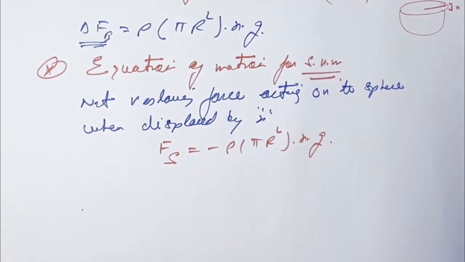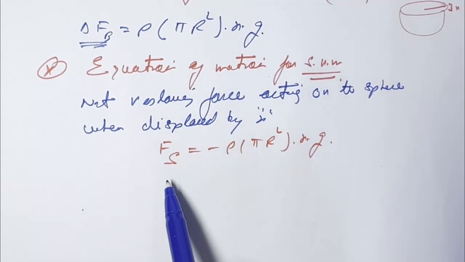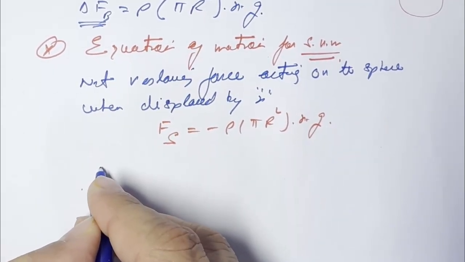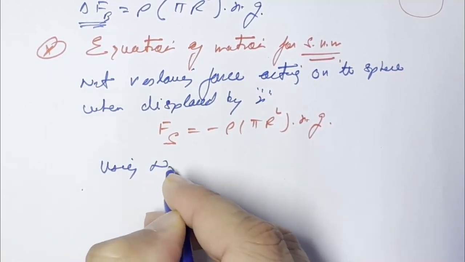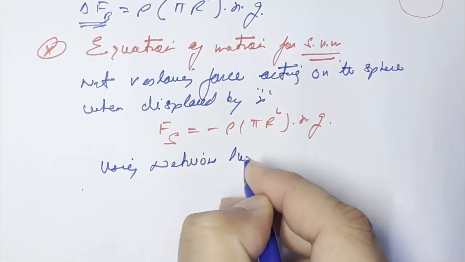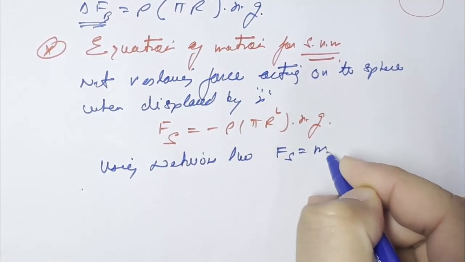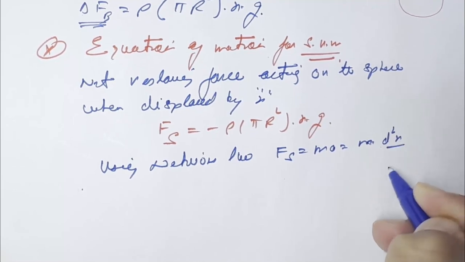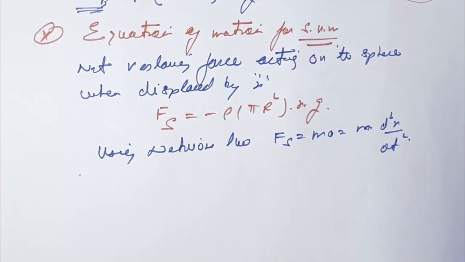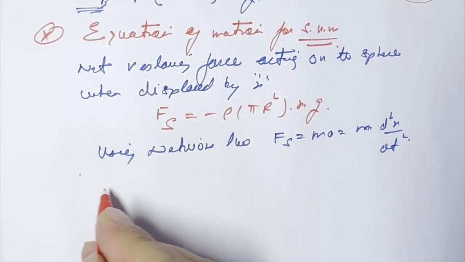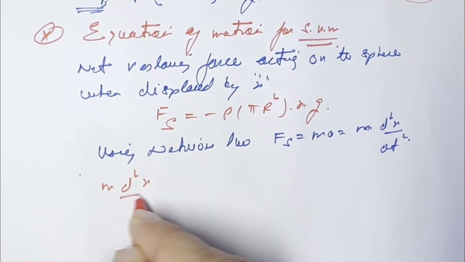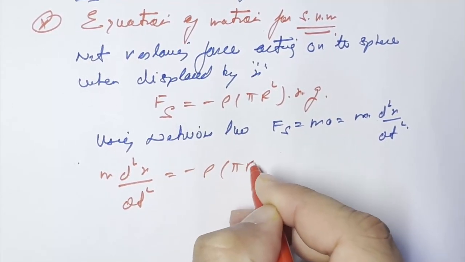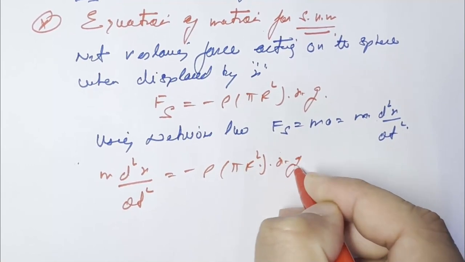And now we can use Newton's law, which says restoring force is equal to mass into acceleration. Using Newton's law, Fs is equal to mass into acceleration, which can be written as mass into the double derivative of x with respect to time. We substitute here, and we get m times the double derivative of x with respect to time is equal to minus rho pi r square x multiplied by g.